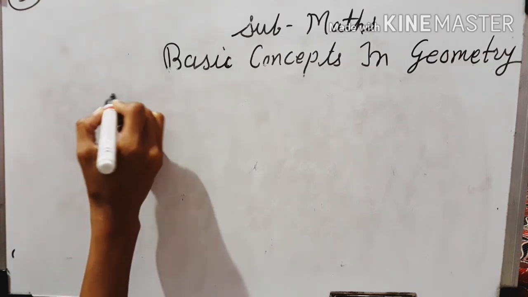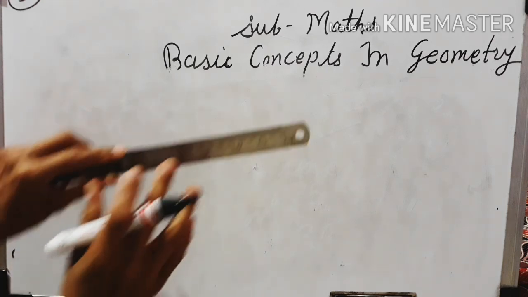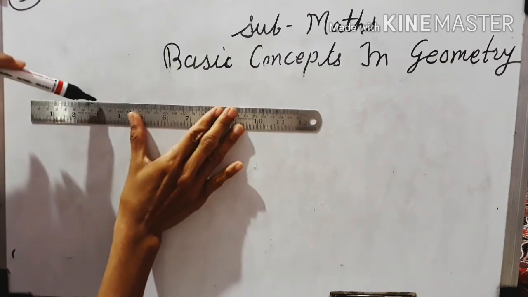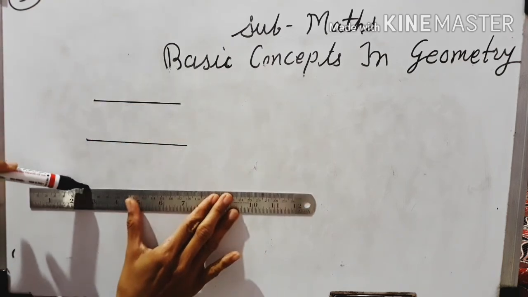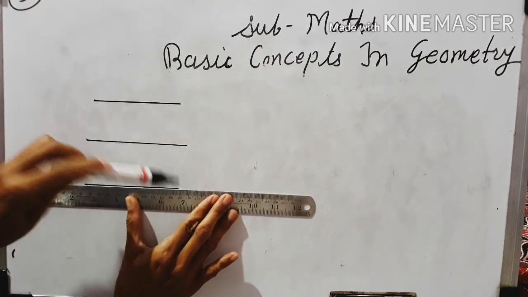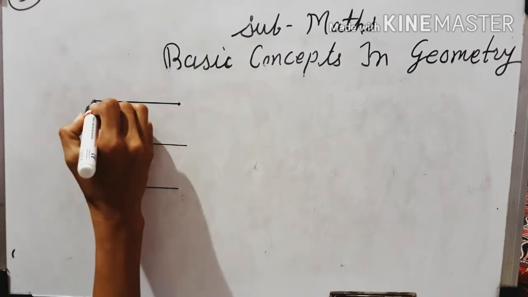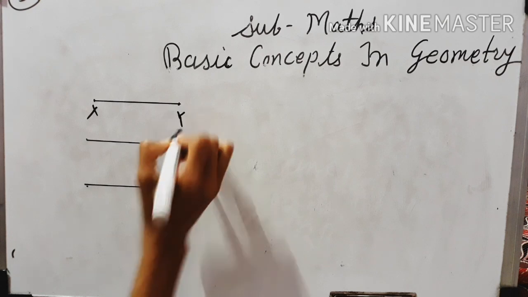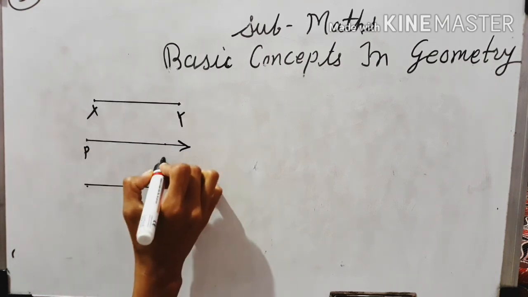For example, now I will draw one figure for you and then you have to tell me the name of that figure. Here, this is one figure.